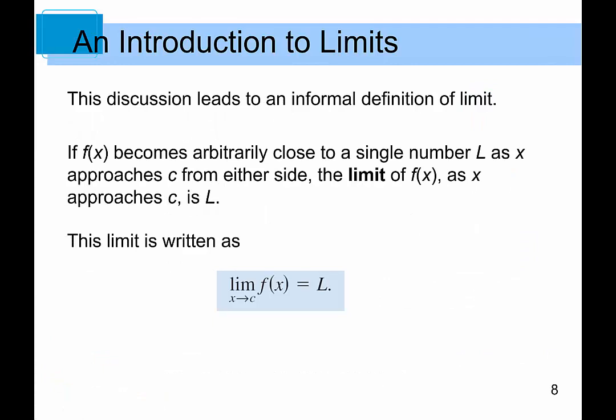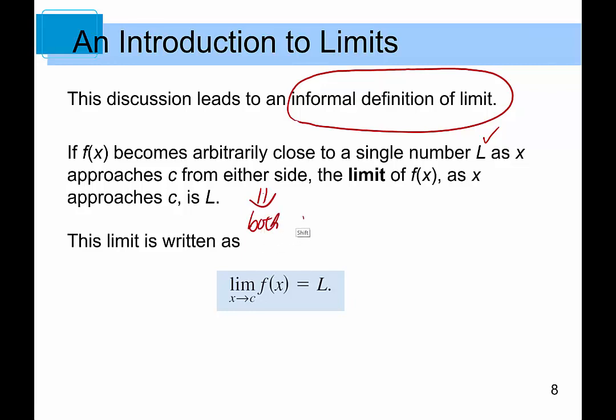So now let's talk about the informal definition of the limit. If f of x becomes arbitrarily close to a single number L as x approaches c from either side, meaning from both sides of the number, from the left-hand side and the right-hand side, then the limit of f of x as x approaches c is L. This limit is written as the limit as x approaches c of f of x equals L. L is a constant.